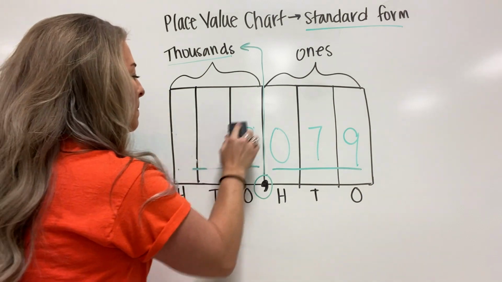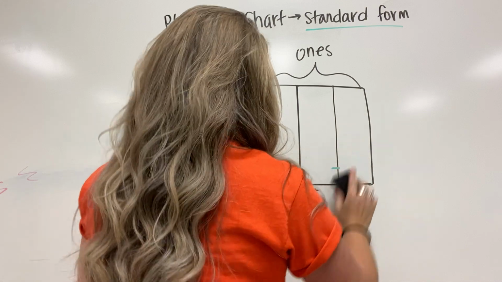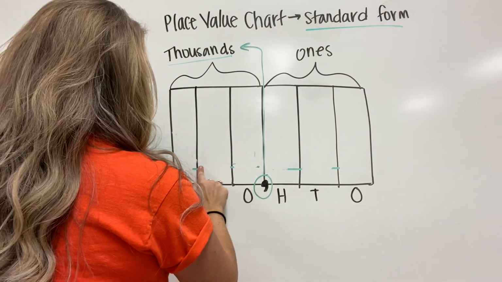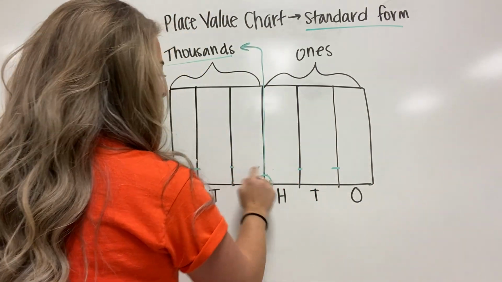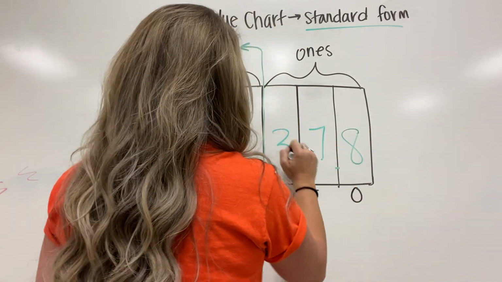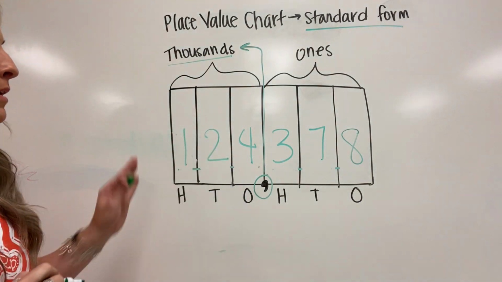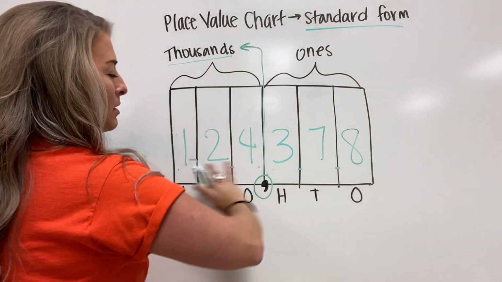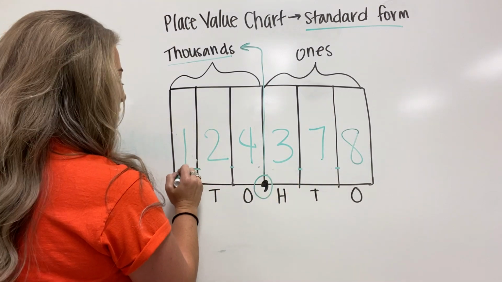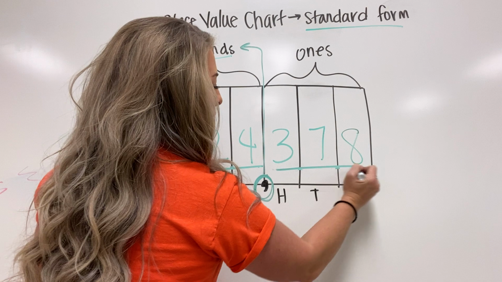Okay, let's try another number. Okay, here's my number. So this is again standard form because I'm reading it completely normal. So I'm going to read this, I'm going to say the period it's in, and I'm going to read this again.